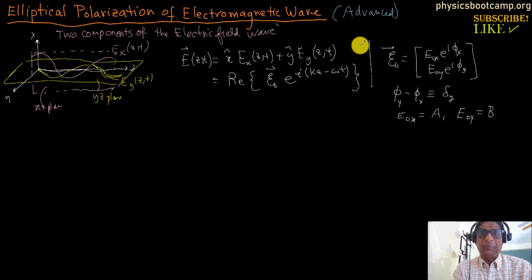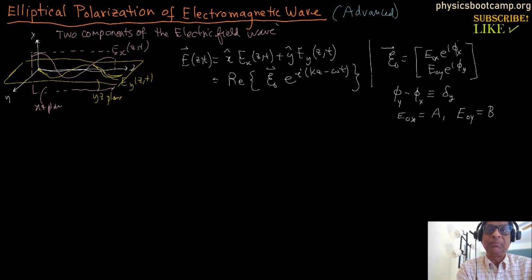Okay, so we have a new drawing I did. There are two components of electric field waves. One is in the xz plane, and we're not drawing the magnetic field. The second one looks like a magnetic field, but it is also an electric field, in the yz plane.